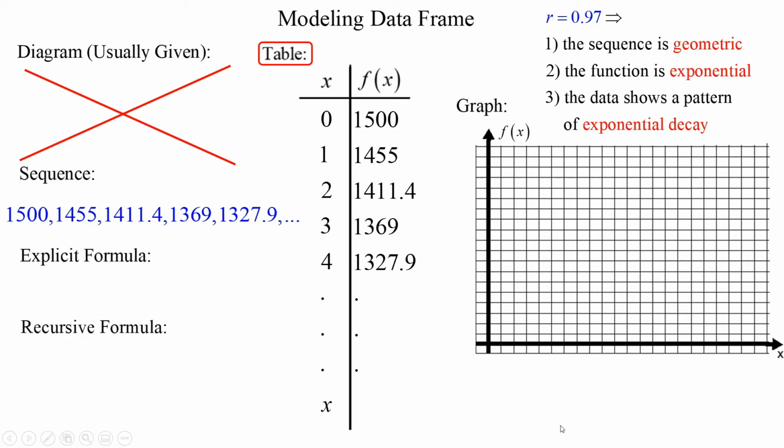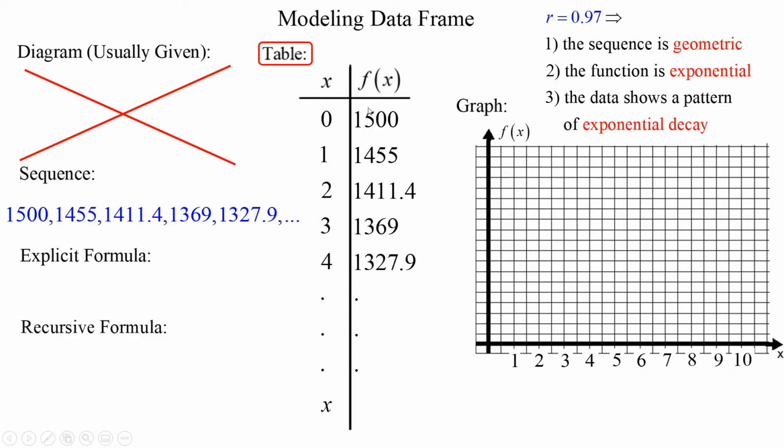So, x is 0, 1, 2, 3, and 4. 1, 2, 3, 4, 5, 6, 7, 8, 9, 10. And you guys know we're going to be nowhere near 0 in this window. All right, now our outputs, our f of x's.